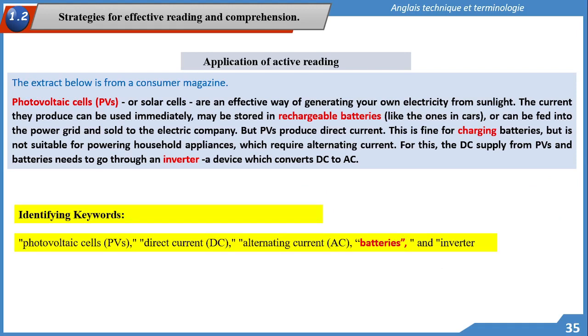For identifying keywords, recognize and underline keywords such as photovoltaic cells, direct current, alternating current, batteries, and inverter. Understand that these keywords are essential for grasping the core ideas of the text.